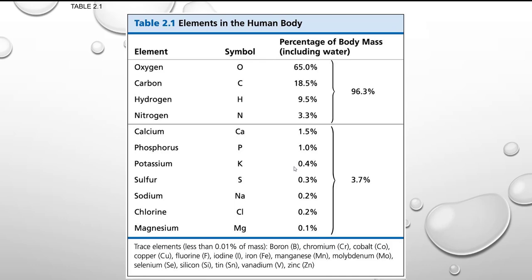Fluorine, iodine, manganese. Okay, so all of those are examples of what we call trace elements. So you just need them in small quantities. You don't need too much of them. But sometimes people are missing one of these trace elements from their diet, and if they don't get enough in their diet, then it actually can cause a lot of issues.